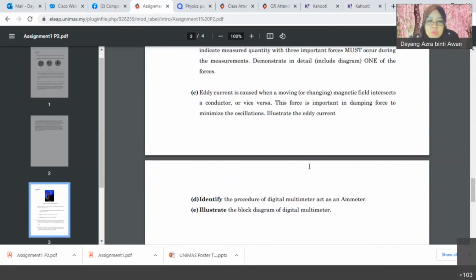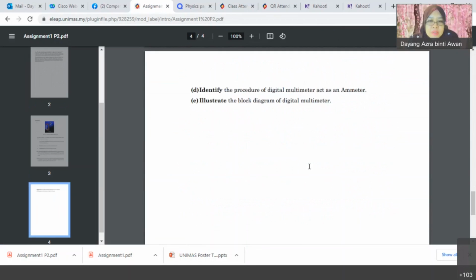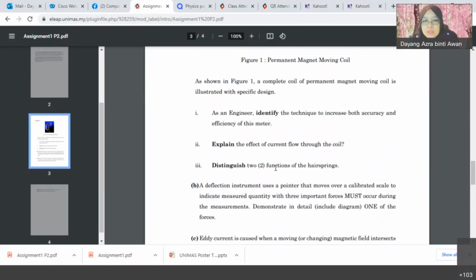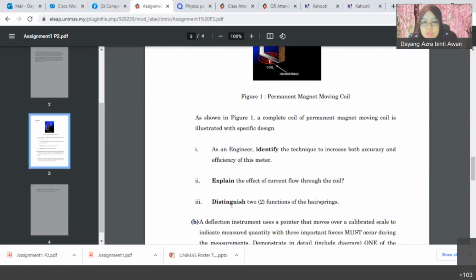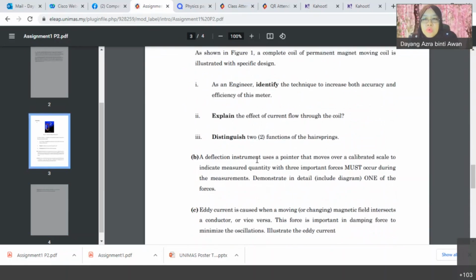From this type of question, you can see how it looks for your final exam and also for your test one. The question will be like this: as an engineer, you need to identify the technique to increase both accuracy and efficiency of this meter. All the solution is from your notes.